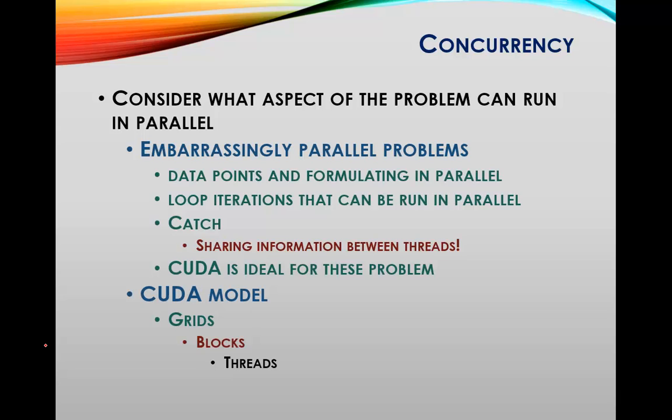If possible, you should try to think of a formula that represents each output point, say, as some function of the input data, and look at how you can run each of these function calculations on your data points in parallel.